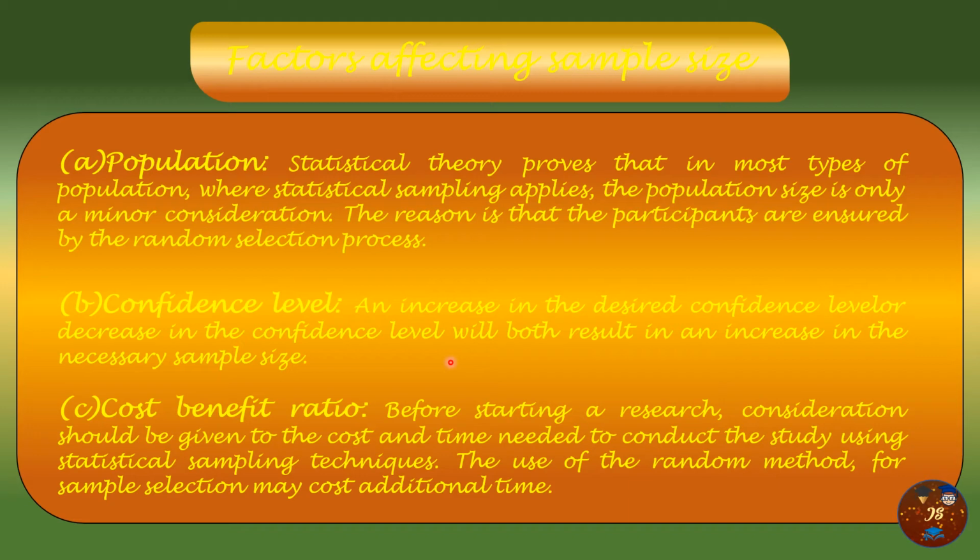If it's coming out of your own pocket, then we should think about that first, and also the time needed for that research to be completed. And if there is a sponsor, then not much thought about the cost is needed, but the time required to complete the research is a very important thing.